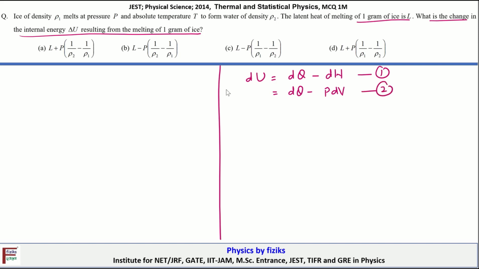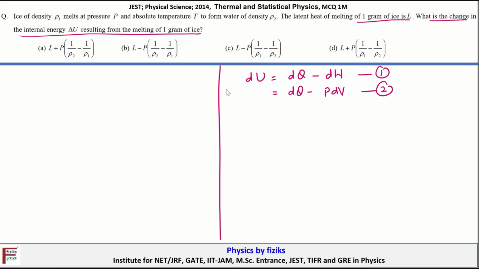Note that during the melting process, a certain amount of heat is required for the ice to melt, and during this process the volume changes from some initial volume V1 to V2, because we know that when ice melts, its volume is reduced. So there is a change in the volume, which means correspondingly some definite amount of work is done.